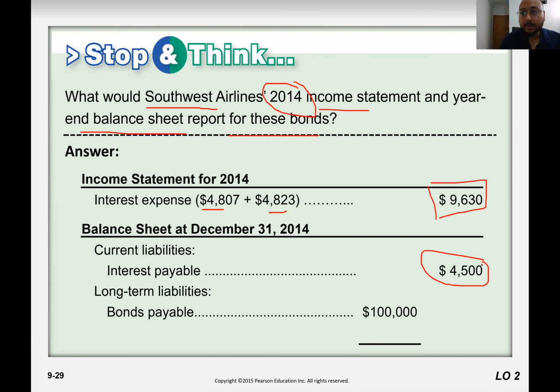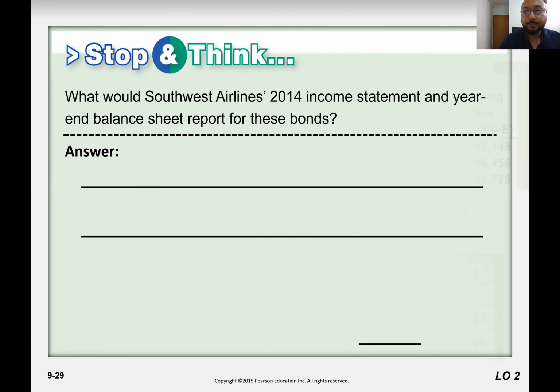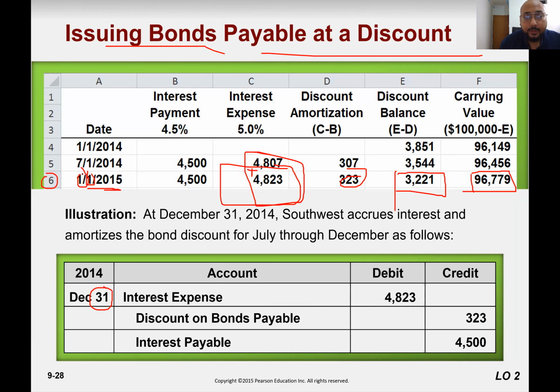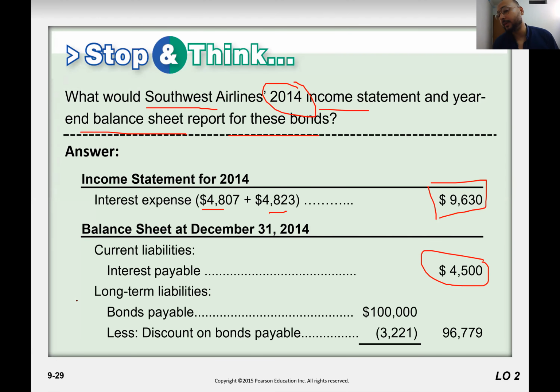Because this 4,500 will be paid next year. We are closing our books of accounts on the 31st, so we also report interest payable 4,500, right? And our discount has decreased from 3,851 to 3,221, right?